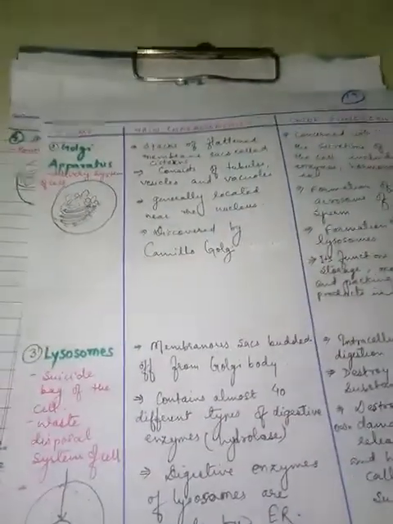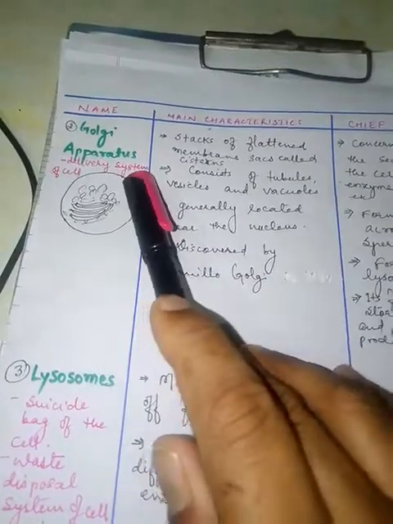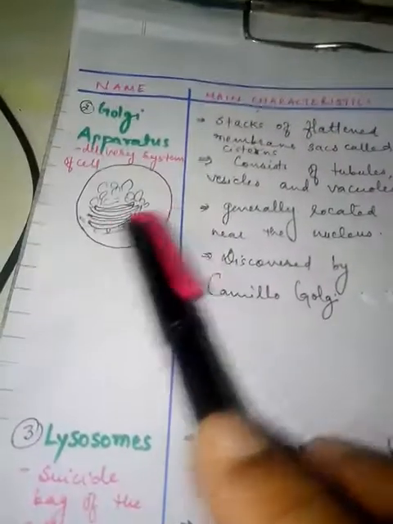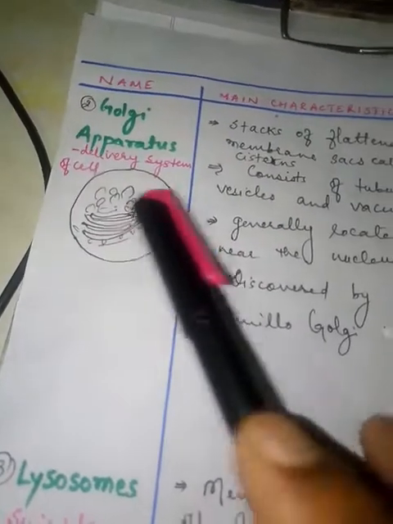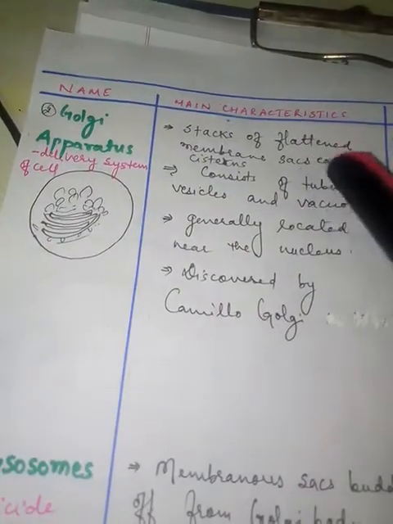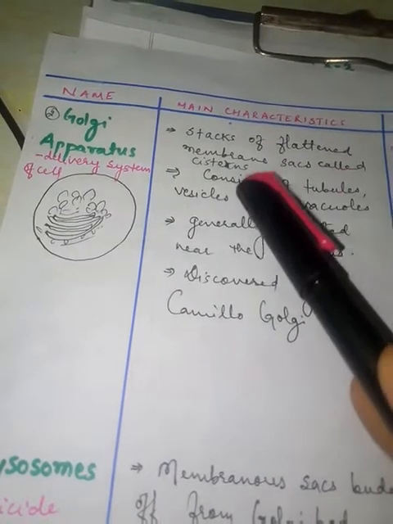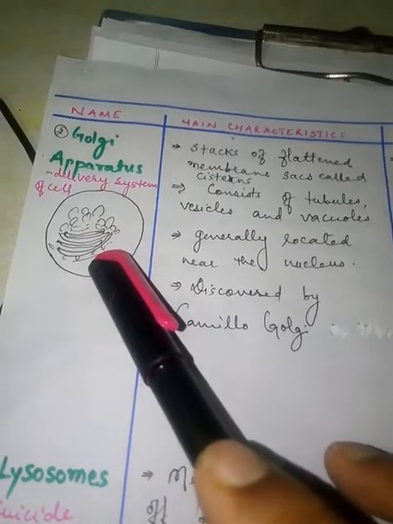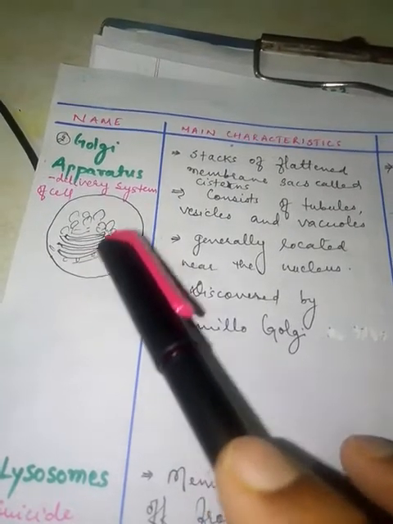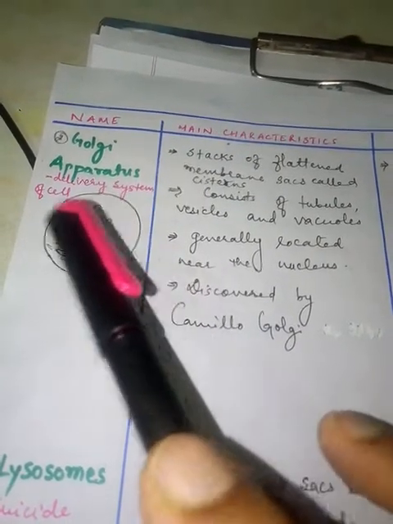Next come to the Golgi apparatus. Golgi apparatus is also called as the delivery system of the cell. Can you see here the structure of Golgi apparatus? It has stacks of flattened membrane sacs called cisterns. These are called as cisterns, and along with these vacuoles are present and vesicles are present.